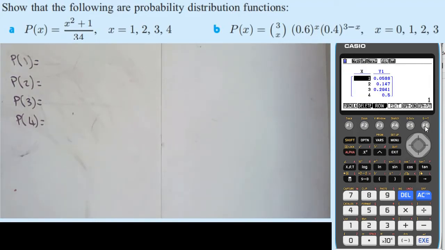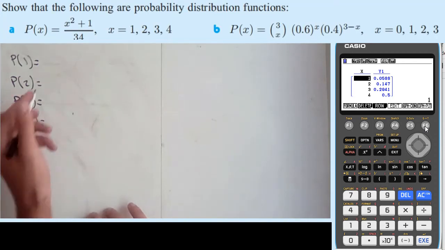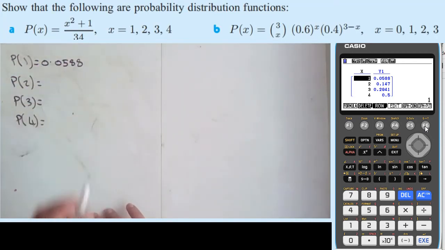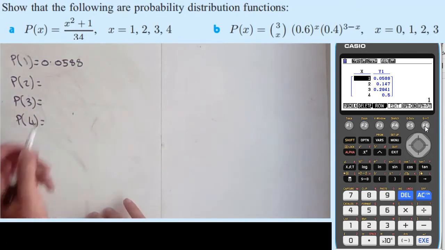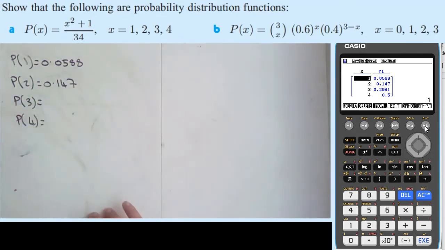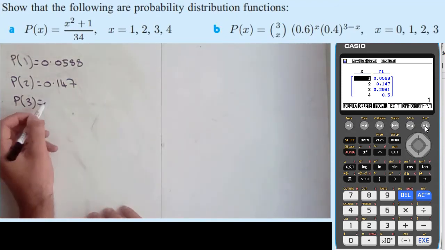Go to the table and we get the p of x values for the values 1, 2, 3 and 4. The first one is 0.0588. P of 2 is 0.147. P of 3 is 0.2941.